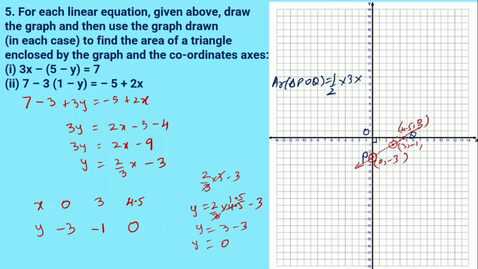So base and height: for a right triangle, we take the perpendicular sides. So 2 ones are 1 and 2 into 1.5 is 3. So 1.5 into 4.5, multiplying 1.5 by 4.5, you get 675 with 2 decimal places. So this is 6.75 square units, the area of this triangle.